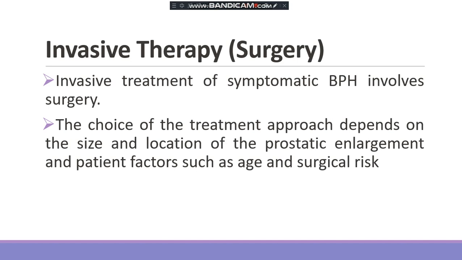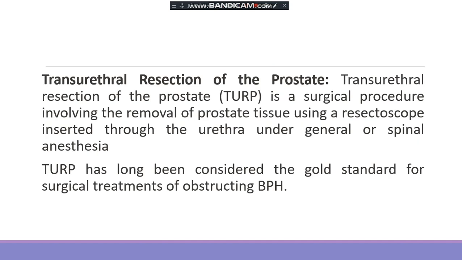So basically, we have mainly two approaches. The first is transurethral resection of the prostate, TURP. This is a surgical procedure involving removal of prostate tissue using a resectoscope inserted through the urethra under general or spinal anesthesia.